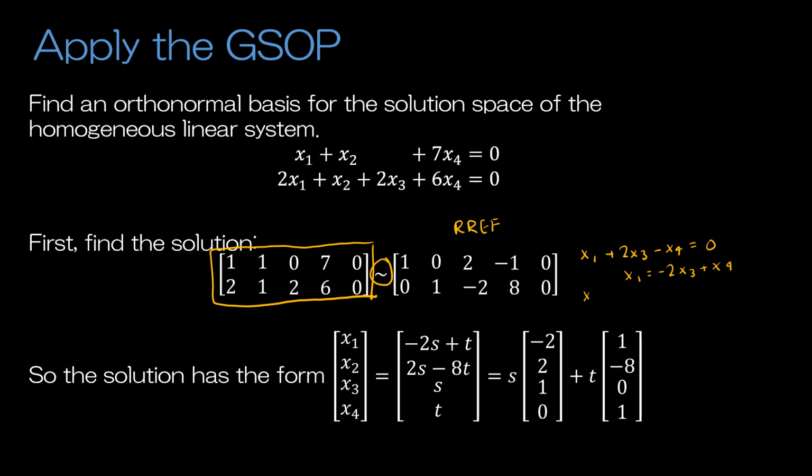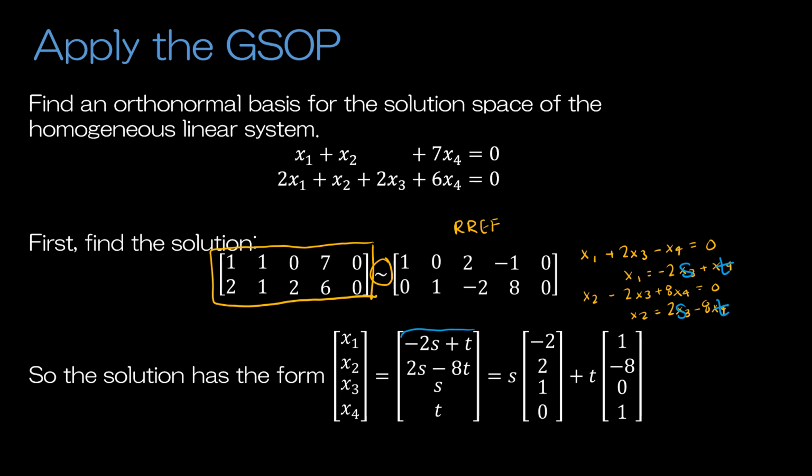And then x2 minus 2x3 plus 8x4 is equal to 0, which I would rewrite as x2 is equal to 2x3 minus 8x4. I'm going to let s be x3, and t be x4.